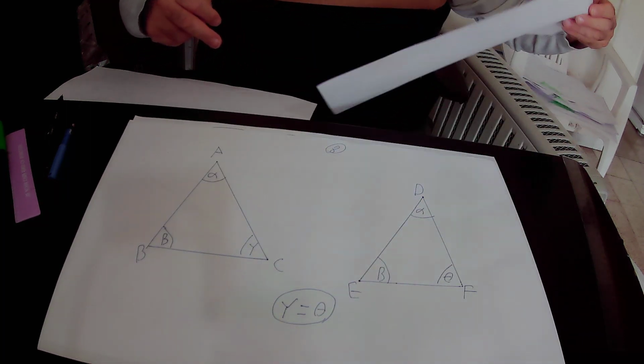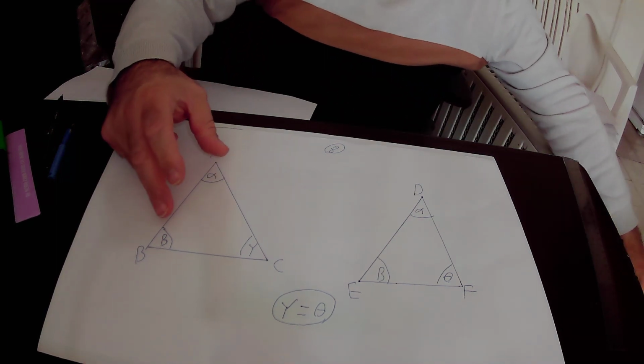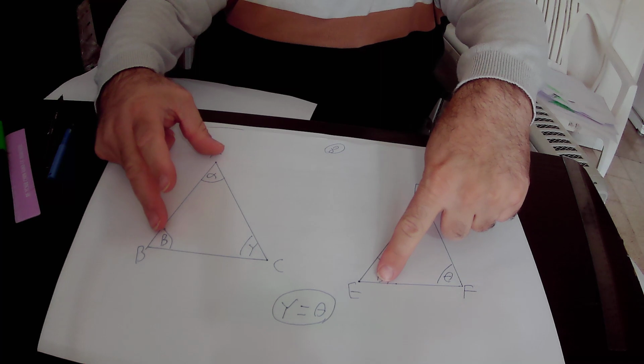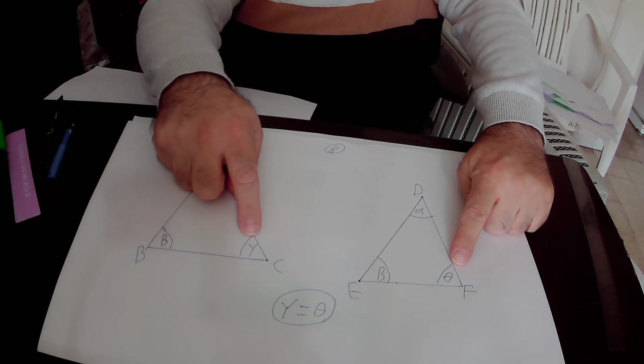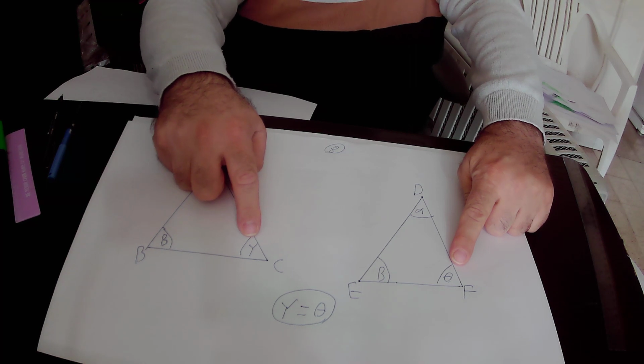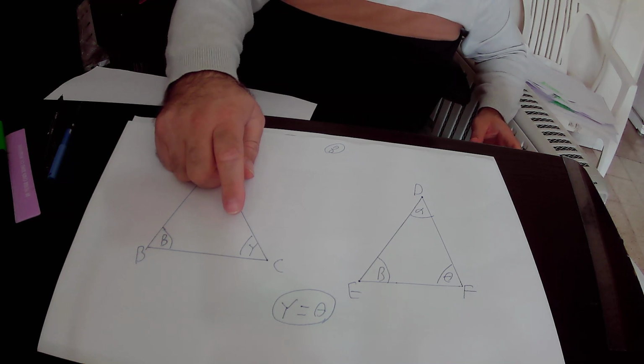So we actually proved that if we have two triangles with two pairs of angles that are congruent to each other, then the third pair of angles must also be congruent. That is to say, angle gamma must be equal to angle theta. So we proved that the third angle theorem is true.